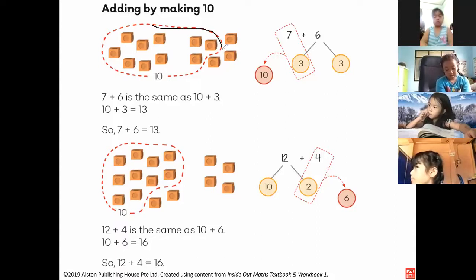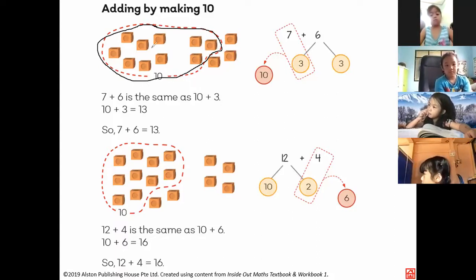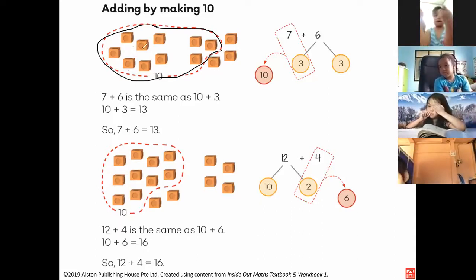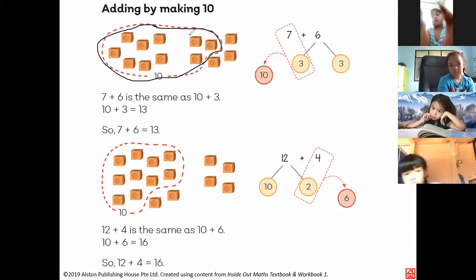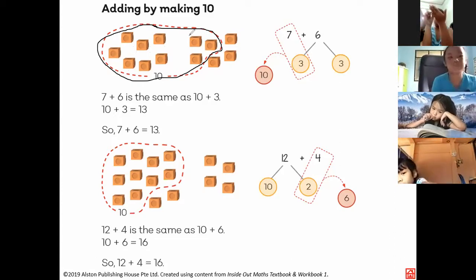You can see this broken line. The cubes inside the broken line are 10 cubes: 1, 2, 3, 4, 5, 6, 7, 8, 9, and 10. That's how we're going to add by making 10.